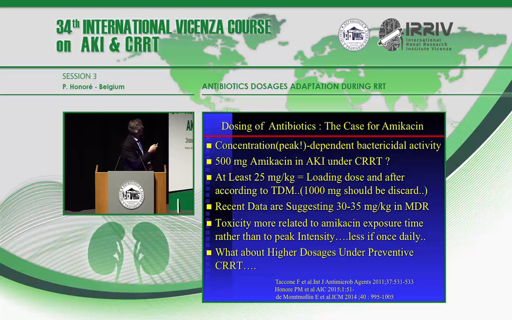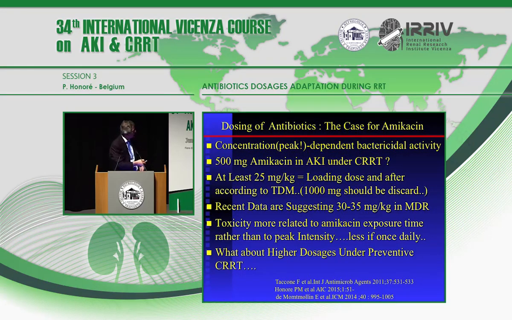A small dose of 500 milligrams. Please do never do this again. This is really a waste of time because you will never get the peak above 8 times the MIC, and you will get toxicity. So you need, even with a patient with AKI, and surely on CRT, a loading dose of 25 milligrams per kilo. Forget about the 1 gram, please.